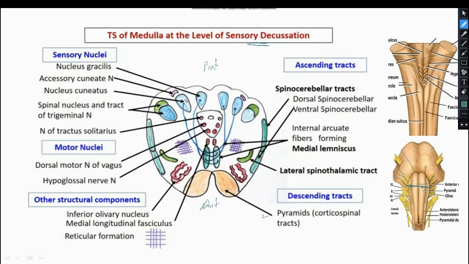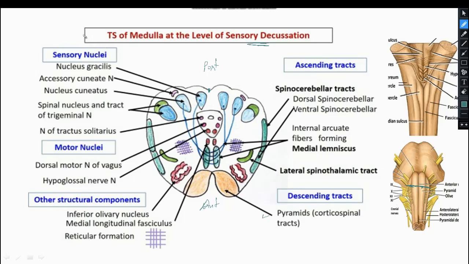So lateral, this is the fissure. This is posterior median sulcus. Just lateral to this sulcus, you see this nucleus, and you have seen this nucleus gracilis and cuneatus. So now you can correlate this internal feature with the external feature that you have seen.